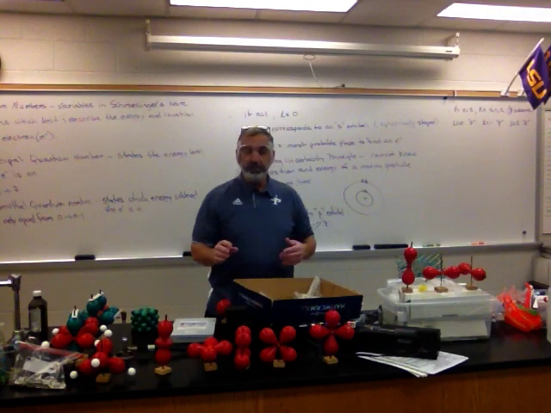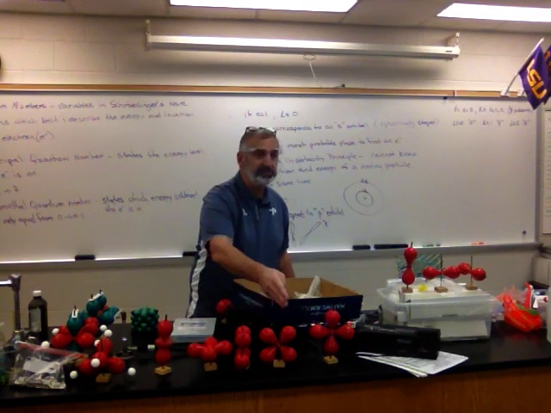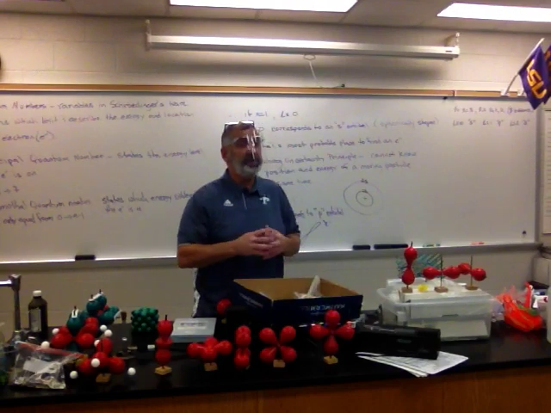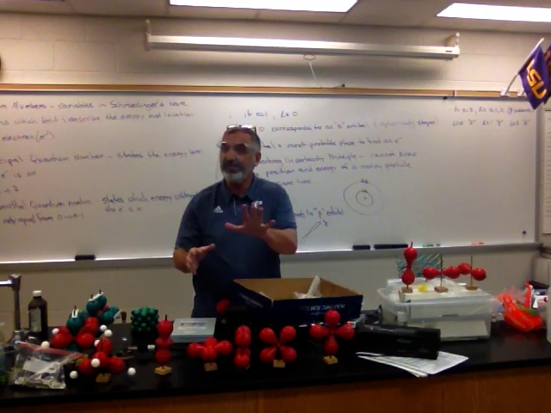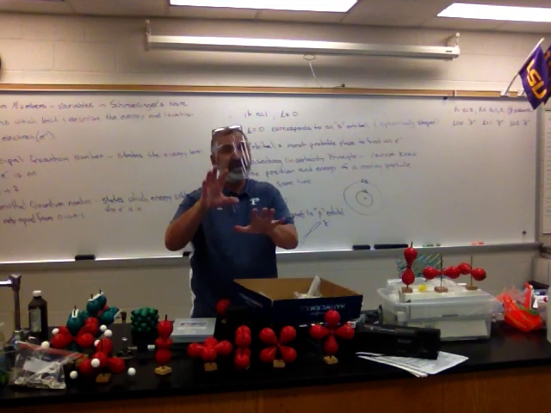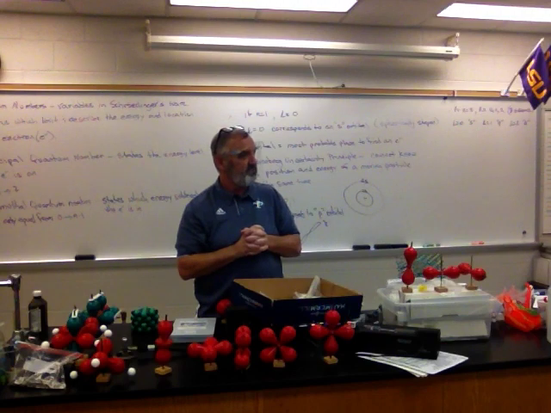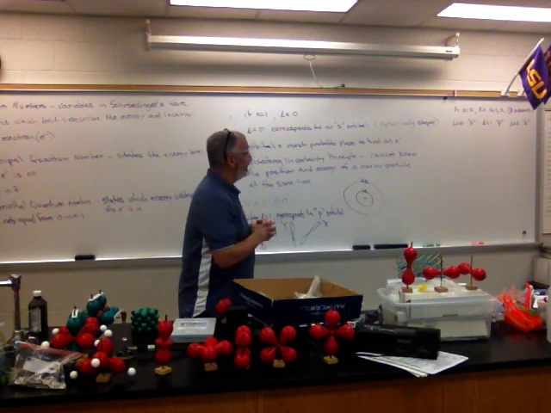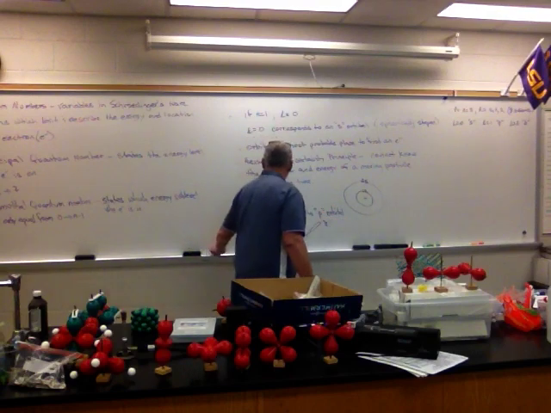Each one of these is one orbital. But when it's a d orbital, it has these kind of crazy shapes. But there's 5 different orientations, 5 different places around the nucleus, ways it can orient itself. Okay? A D. There's 5 of them.